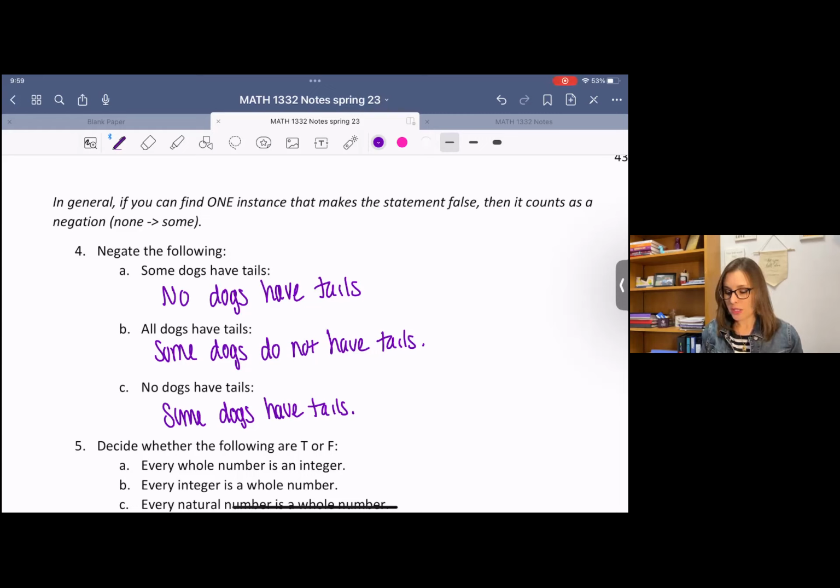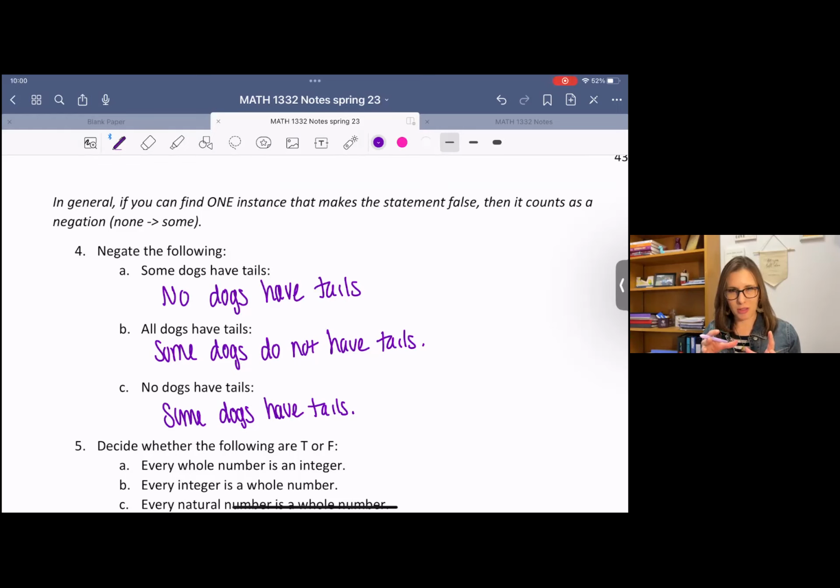So for the first statement, some dogs have tails, the negation would be no dogs have tails. And then remember that if the initial statement is true, then the negation would be false or vice versa. So maybe we could say define tails as a full tail, because some dogs have a docked tail.